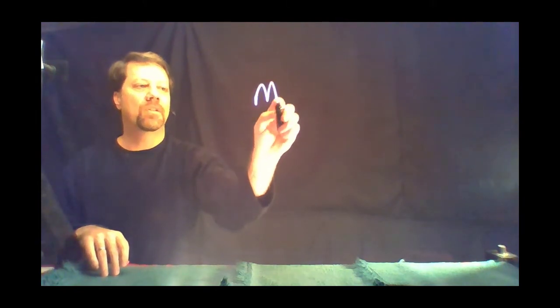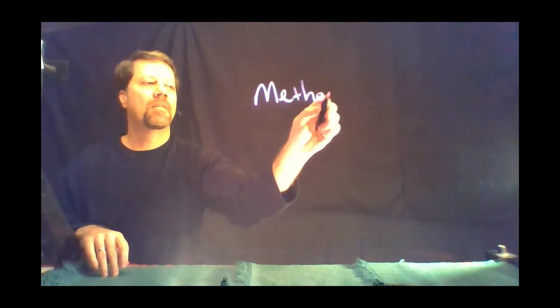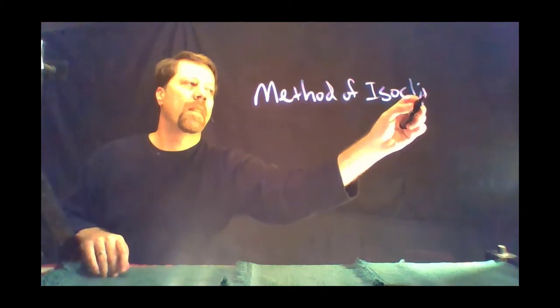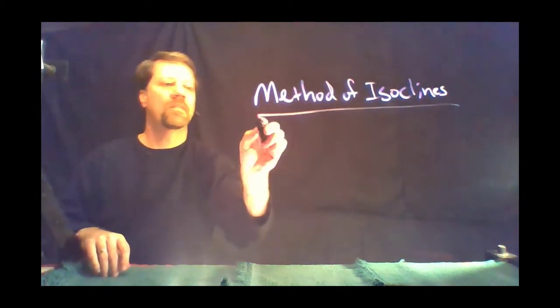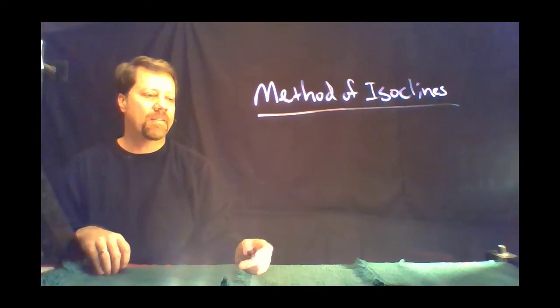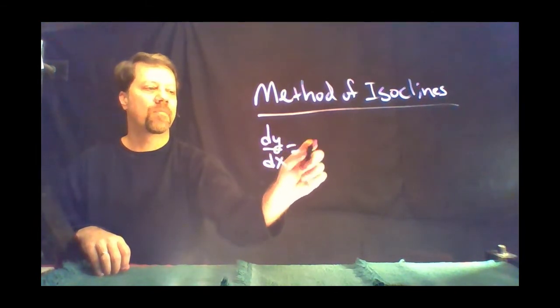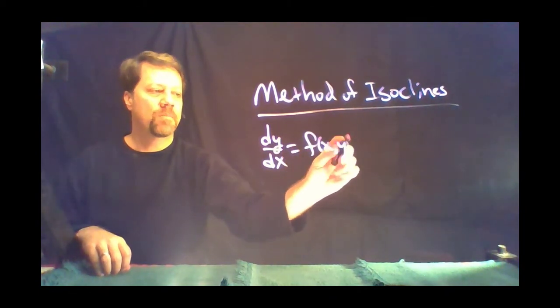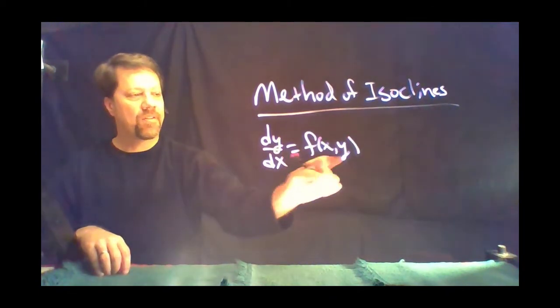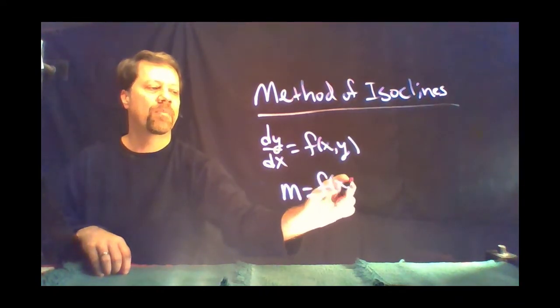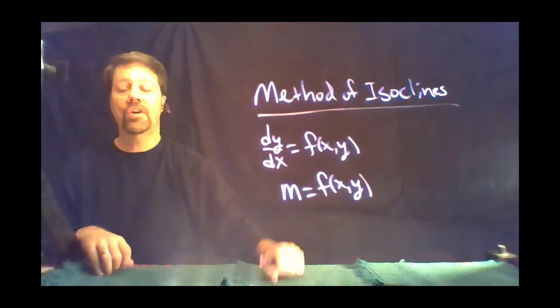There's also something called the method of isoclines. That's very similar to the direction field or slope field method. It works in the same class of differential equations. But in this case, you set the right-hand side equal to some constant m, some slope. This determines a curve.